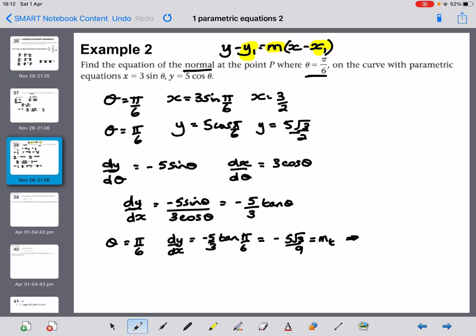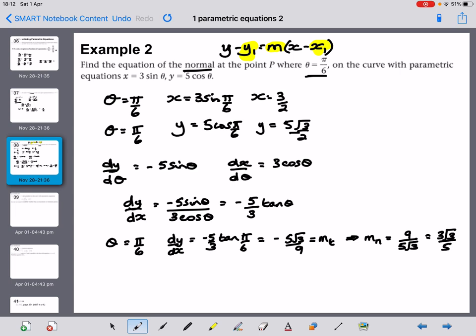So therefore the gradient of the normal will be the negative reciprocal of that. So it's already negative, so it's going to be positive 9 over 5 root 3, which if you stick that in your calculator, the calculator rationalises it for you, then you end up with 3 root 3 over 5.